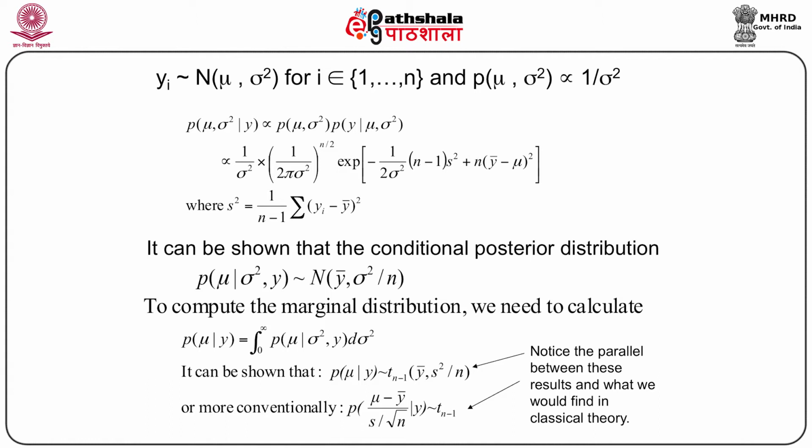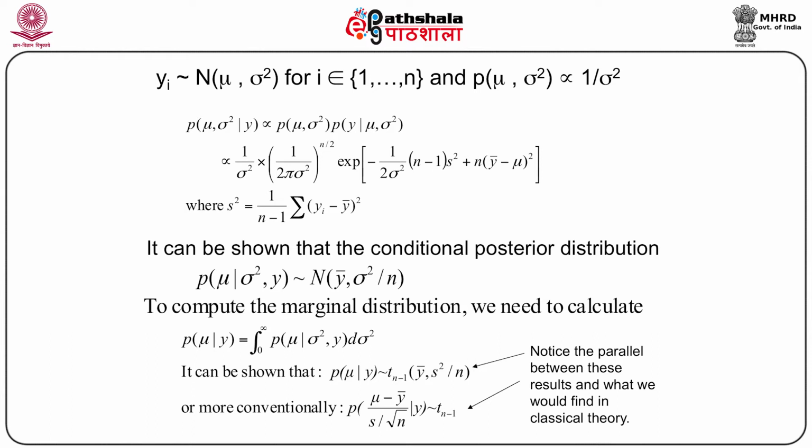So to compute the marginal distribution, we need to calculate the distribution of mu given y, which will be the integral from 0 to infinity of the distribution of mu given sigma square and y, integrated with respect to sigma square. After some algebraic simplification and identifying the probability distribution, it can be shown that the probability of mu given y, that is the posterior distribution of mu given the data, has a student t distribution with n-1 degrees of freedom.